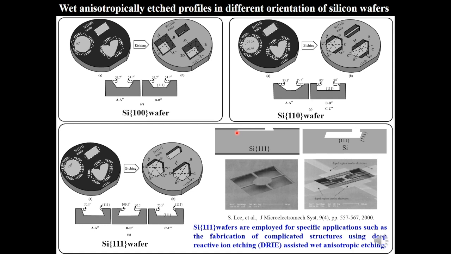This kind of wafer, the 111 wafer, is used for a specific application. It is used for the fabrication of complicated structures using deep reactive ion etching assisted wet anisotropic etching. So here you can see the freestanding microstructure in which we can control the gap between the bottom surface and the freestanding structure.